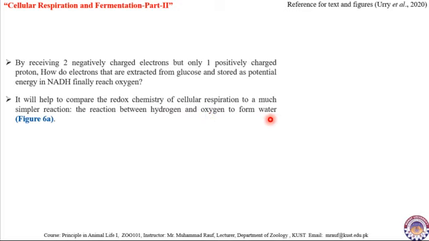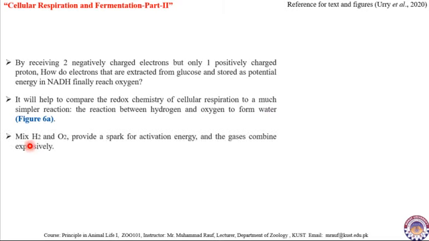So in the very last step of aerobic cellular respiration, the electrons are delivered to the oxygen atom, which is of course highly electronegative. So the oxygen atom, after picking up electrons, also picks up one proton and becomes a water molecule.